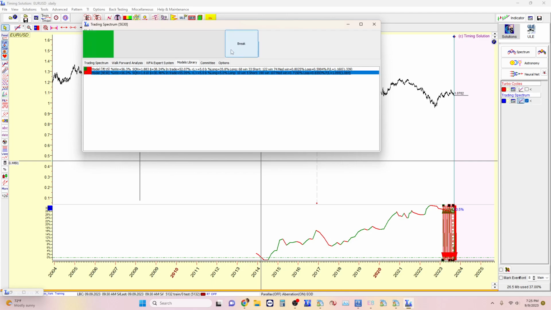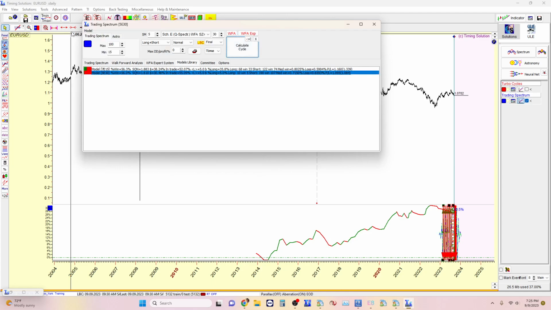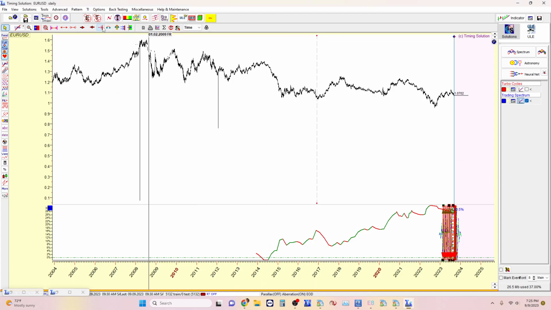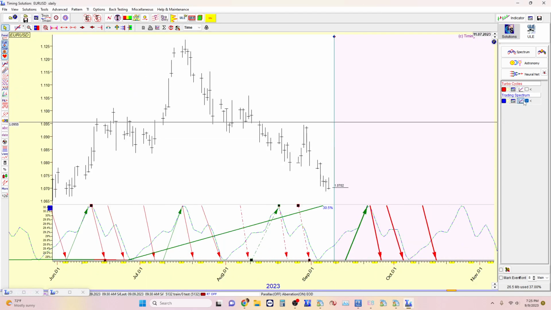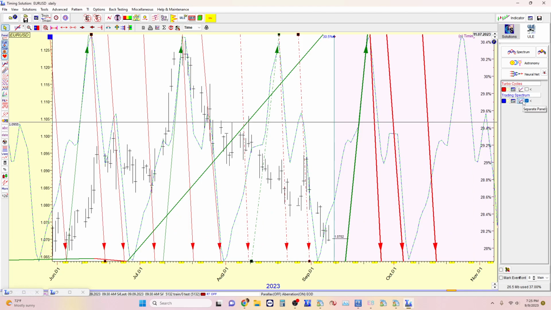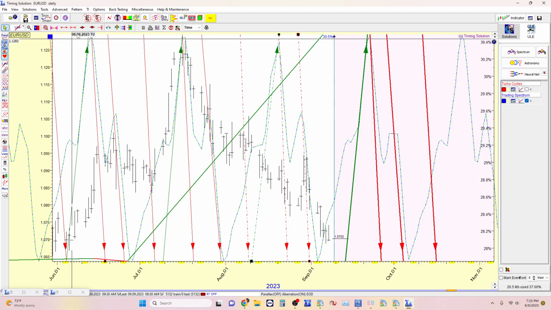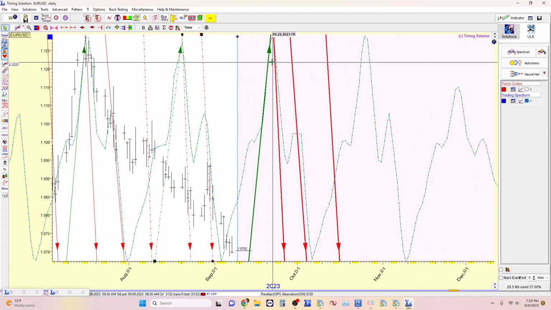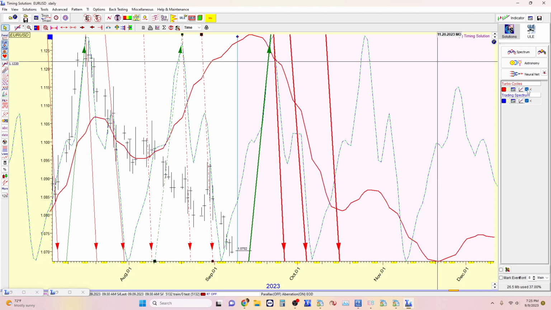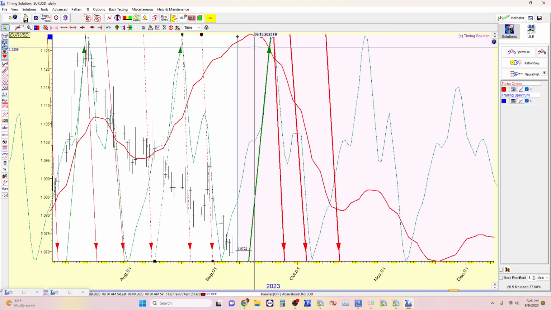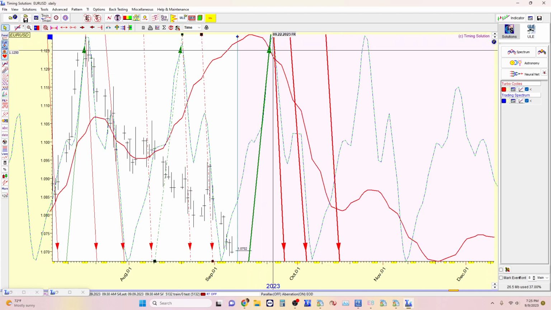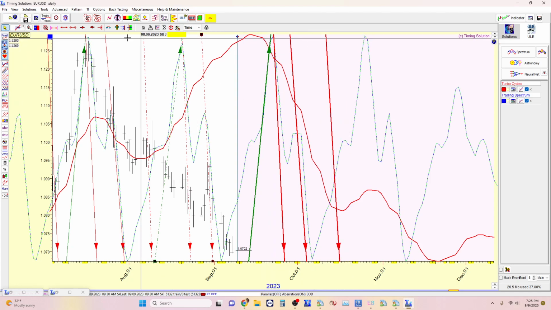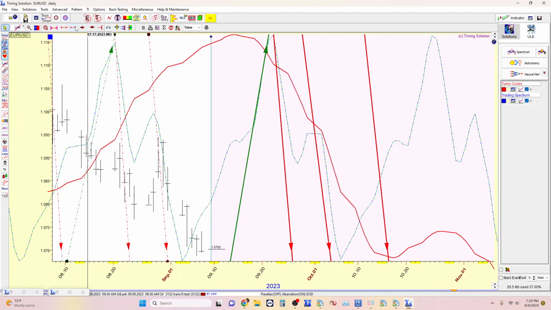Then we calculate the cycle, and then we're able to zoom in and project that line onto the price, and it says that we're going to peak roughly 9:22. If we do the turbo cycles, it's a little earlier, but yeah, we could think of it as a fast and slow.